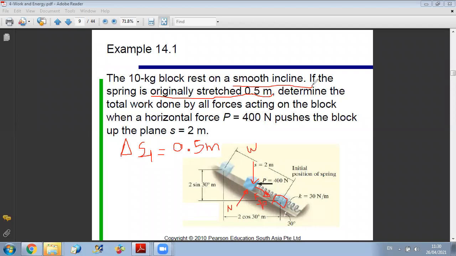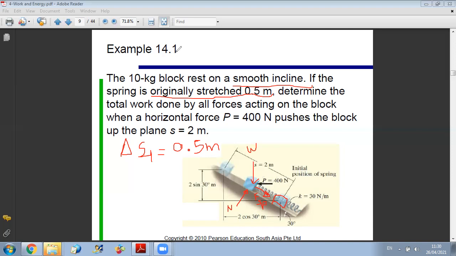So now, in order to find the total work, we should compute the work of each force, and then we add them. And always remember, a force that has a projection along the displacement sense has a positive work, while for a force having a projection opposing the displacement, you know from the dot product that cosine theta is negative, because cosine theta is positive between 0 and 90 and negative between 90 and 180.